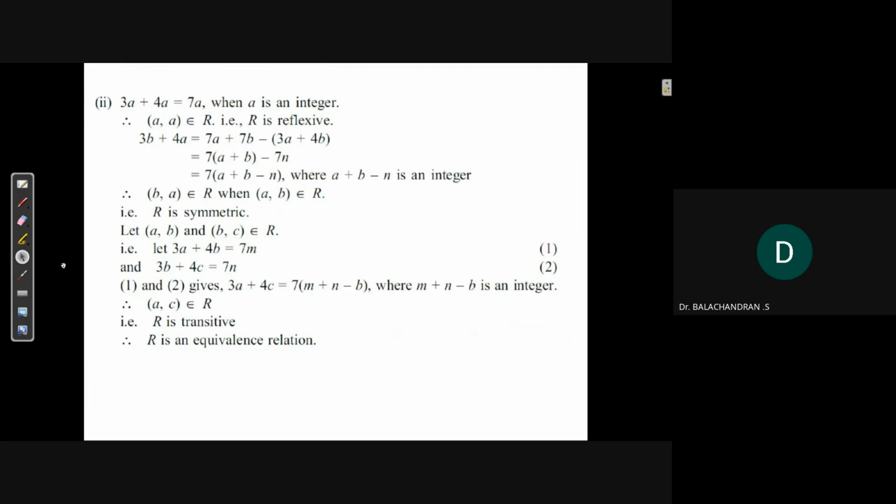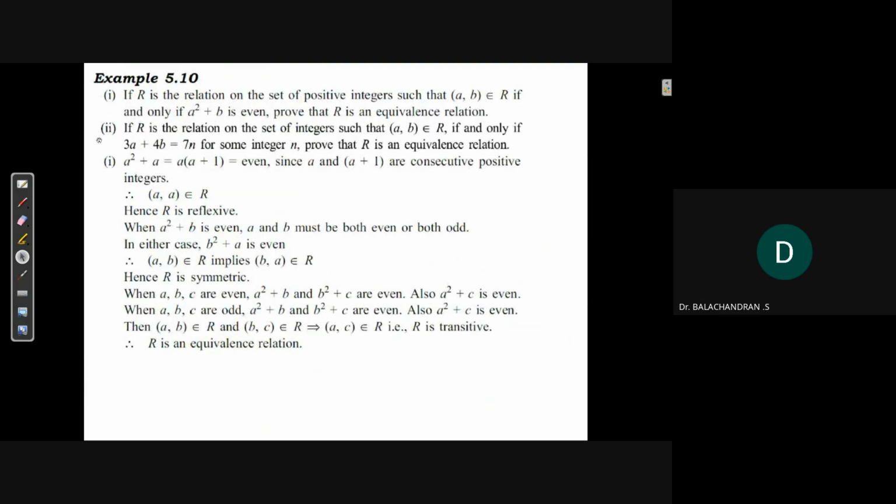Subdivision 2. So what is subdivision 2? If R is the relation on the set of integers such that a comma b belongs to capital R if and only if 3a plus 4b equals 7n for some integer n, prove that R is an equivalence relation.